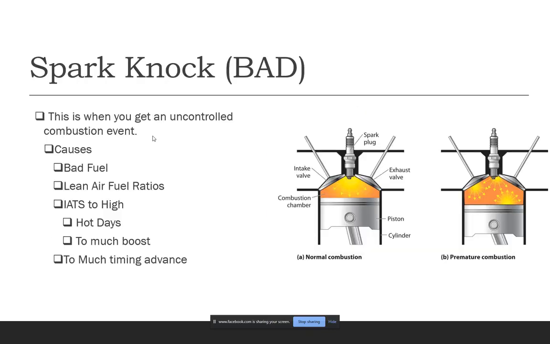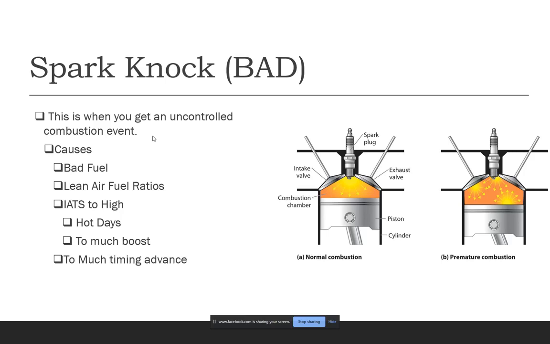So some of the reasons you can get spark knock: bad fuel. You can get knock just from a bad tank of gas. It can happen. Too lean of air fuel ratios. If you're running really lean and you're running a lot of boost, you might get some premature combustion because the temperatures in the engine are too hot. So lean air fuel ratios, IATs being too high. If you heat soak the engine or heat soak your intercooler, you can definitely cause some knock.